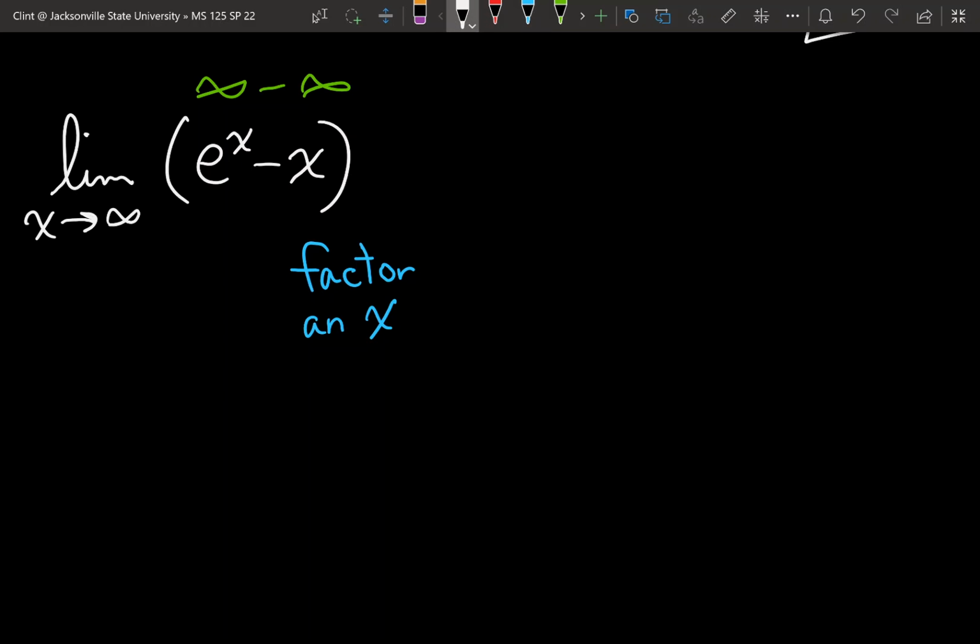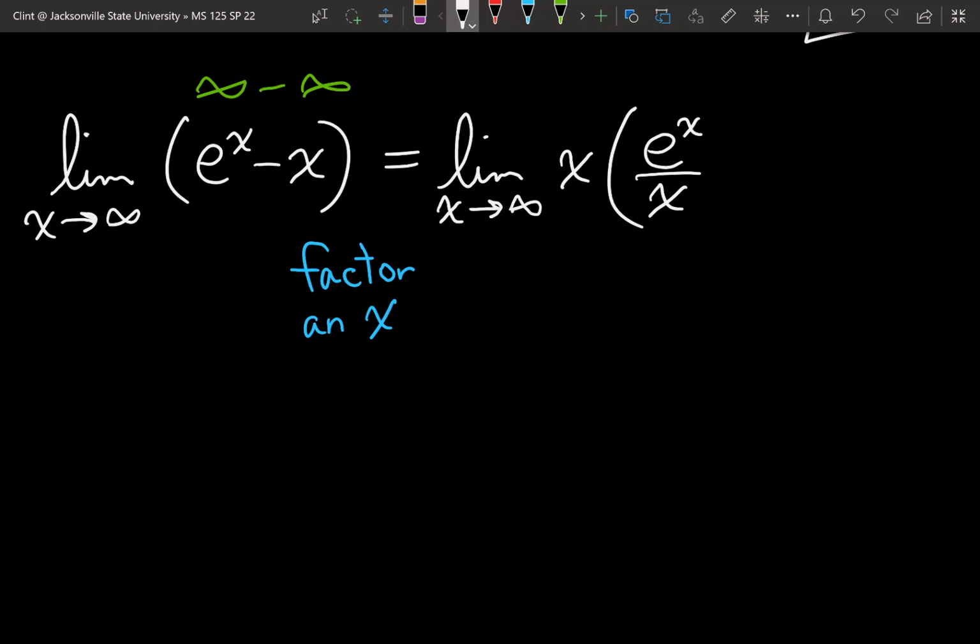Factor out an x. So if we do that, it's a little weird on the first term. We need it so that when we multiply x by our first term, we get e to the x. So the way we do that is we have e to the x over x. That way, when we multiply, the x's cancel and we just get e to the x. And then we factor out of x and get minus 1.